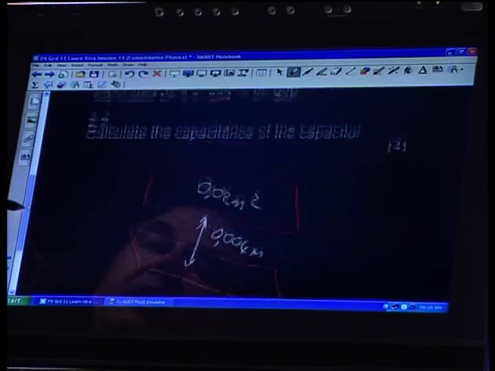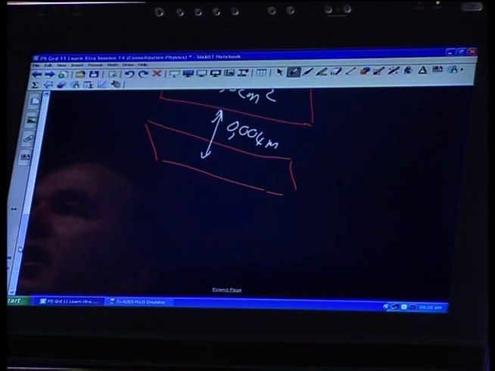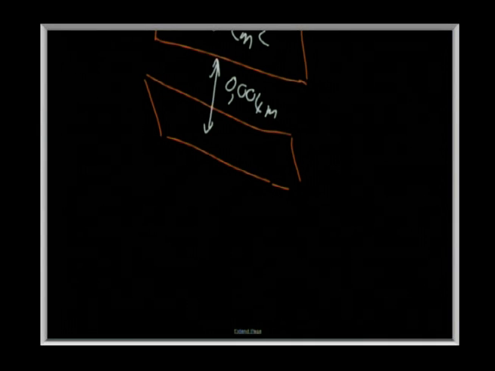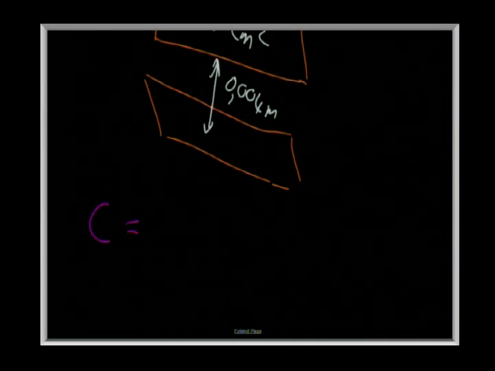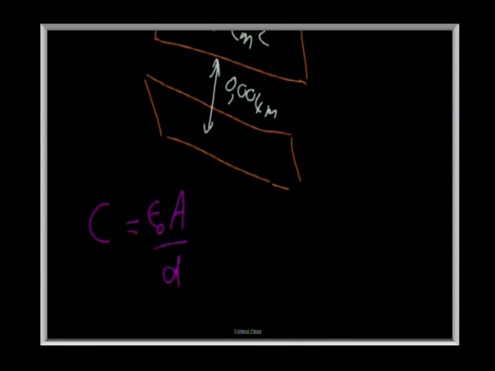We've got area and we've got distance, so we can use that formula. It is on the data sheet. So let's write it down: capacitance is equal to epsilon 0 times the area divided by the distance.